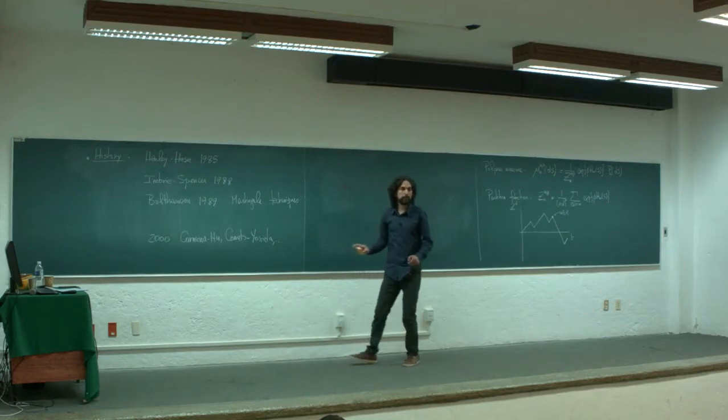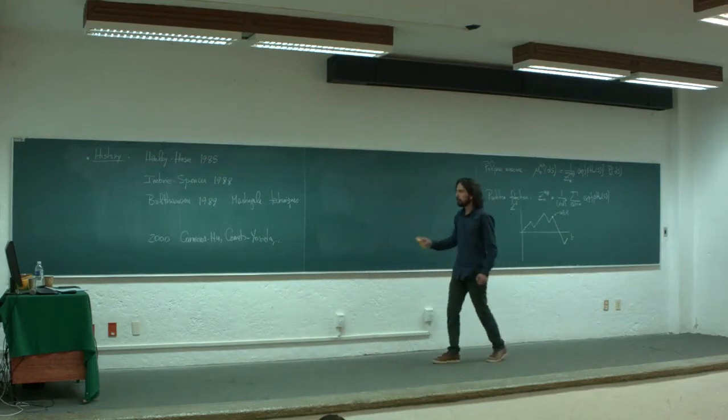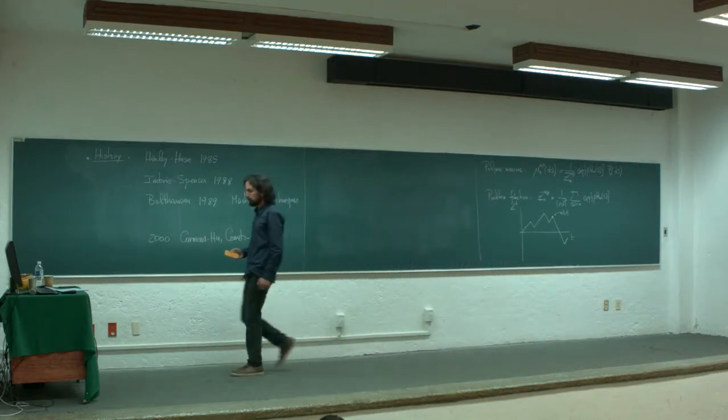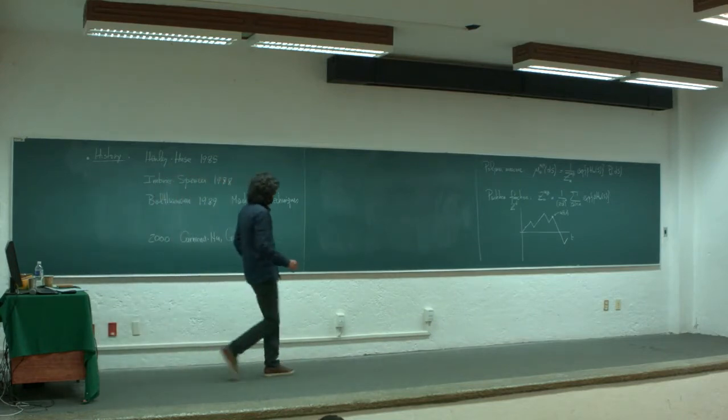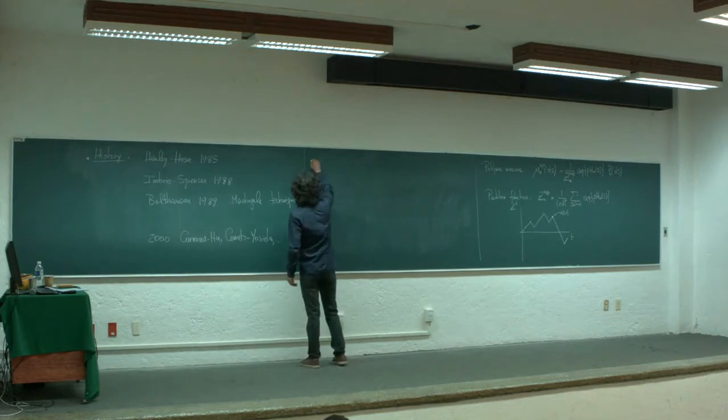So again, I'm not giving a complete list of references, but these will be the main references that will be relevant to us. So the main object of study is the free energy.